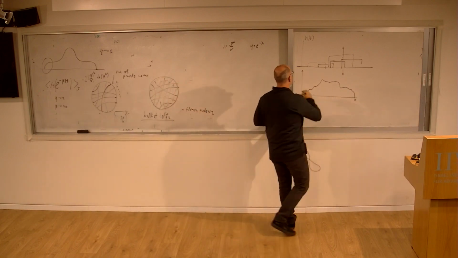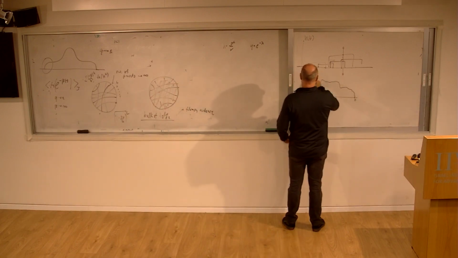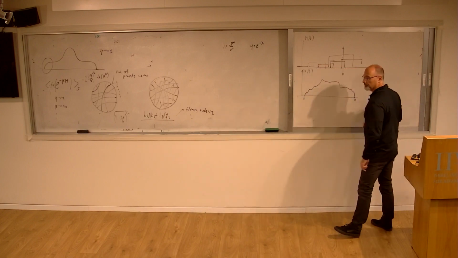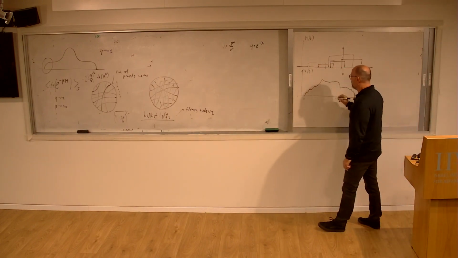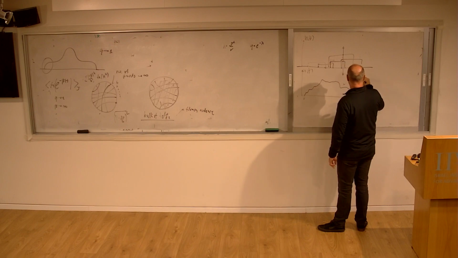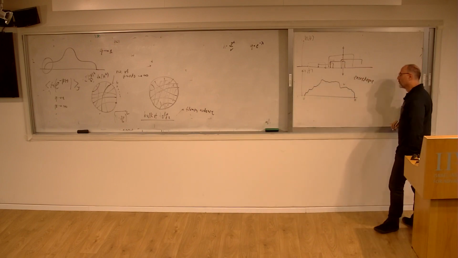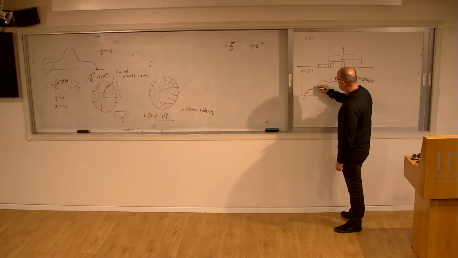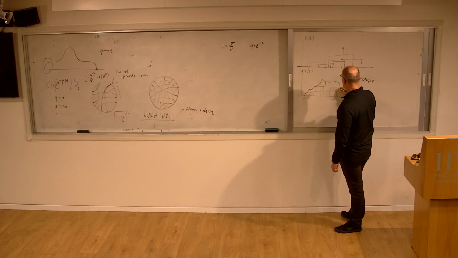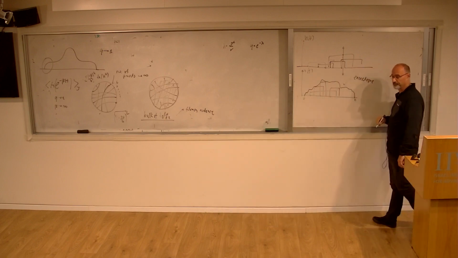So this n starts to look something like this. I'm going to call this the envelope of the chord diagram, and basically I'm summing over all chord diagrams with this envelope.